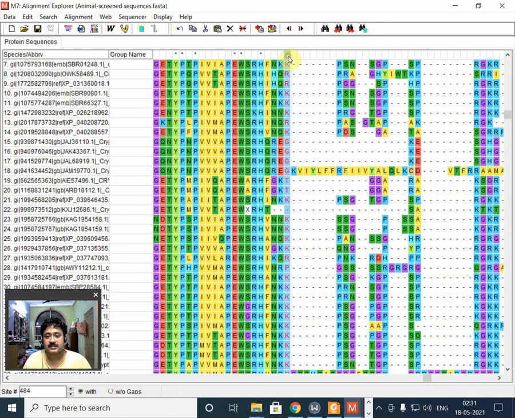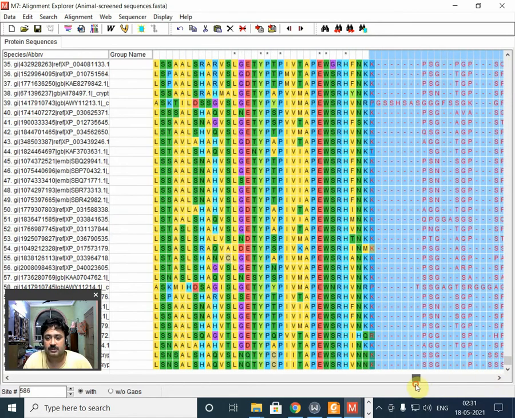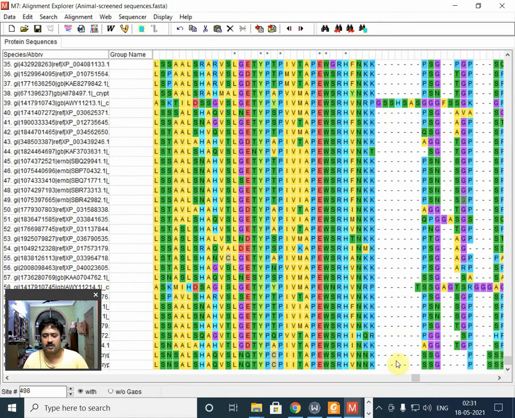You can select here, and if you want to go till the end, you press shift and then press end. Then all the rows will be selected till their last column. So these are a few shortcuts. Anyway, we are not doing this for now.